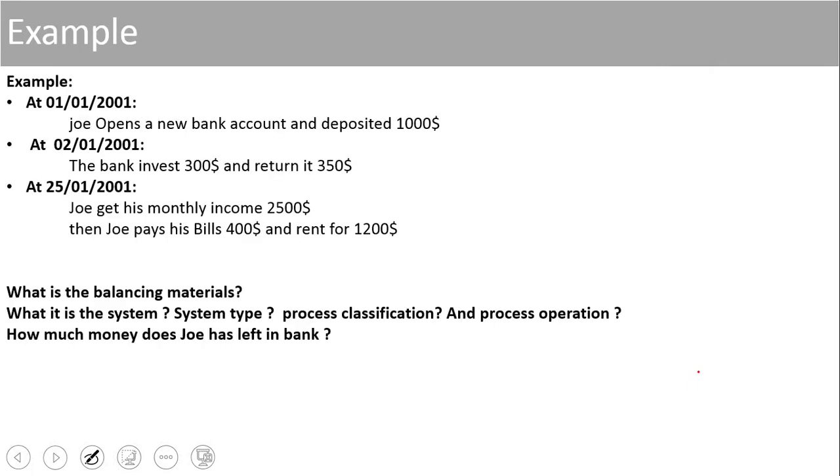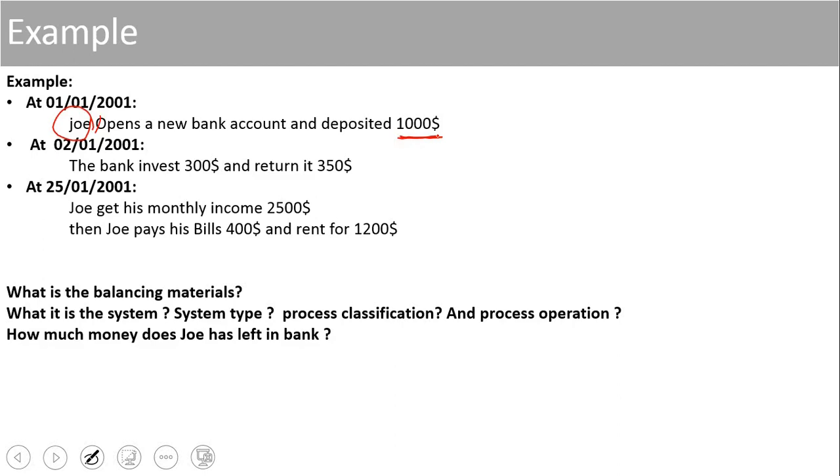So let's have an example to illustrate material balance. How do we perform them, and how do we classify the system types, etc. So the example says that a guy named Joe opens a new bank account and deposits $1,000.